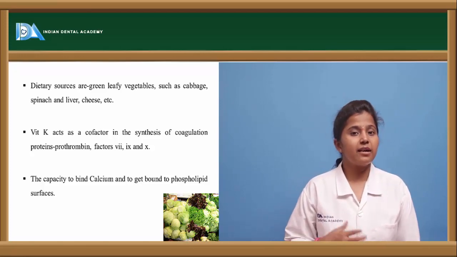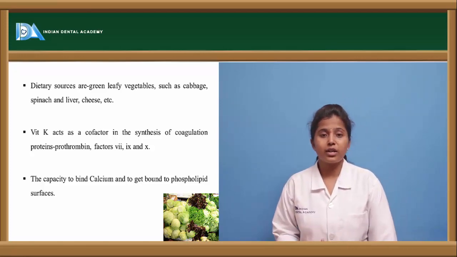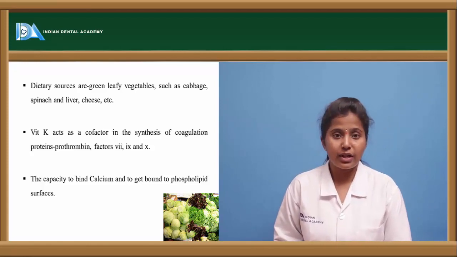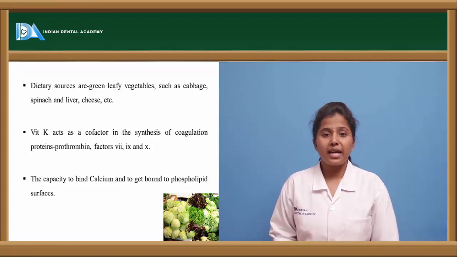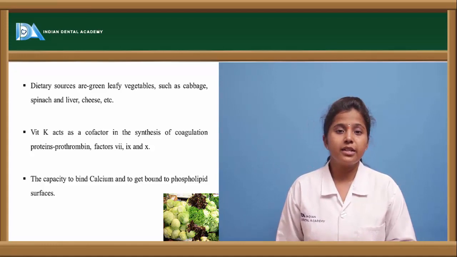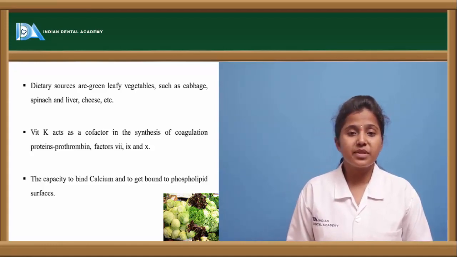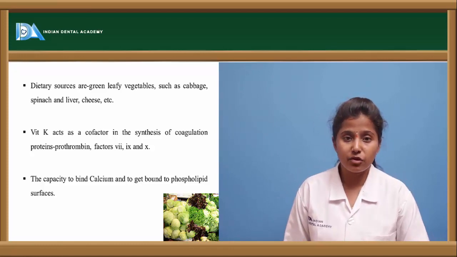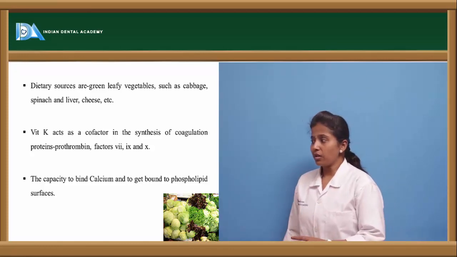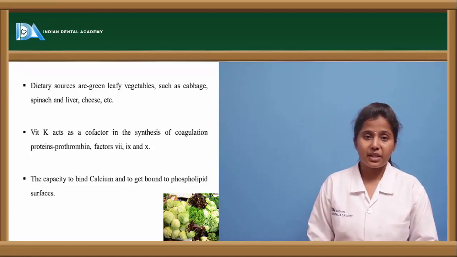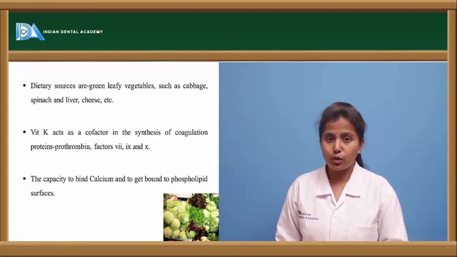Vitamin K is synthesized naturally by the intestinal flora, but it can also be taken into the body through dietary sources like leafy vegetables. It is richly present in spinach, cabbage, liver, as well as cheese, etc. These are a few of the rich sources of vitamin K.